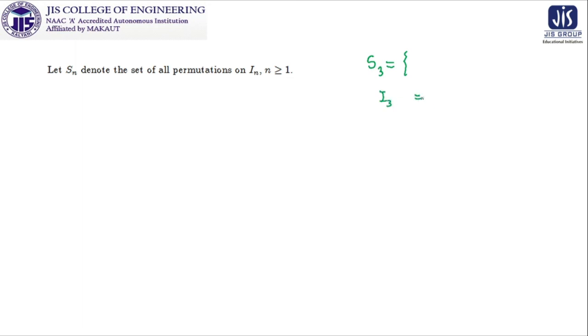I3 means 1 2 3, and you are taking all possible combinations of them. You can just construct it for S3, and please construct the composition table for that one also.